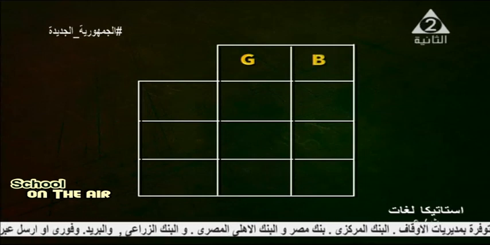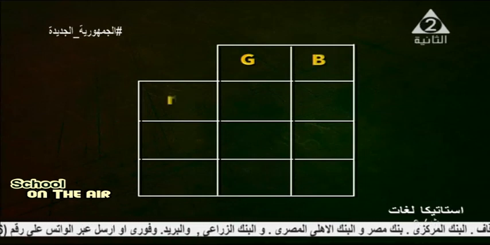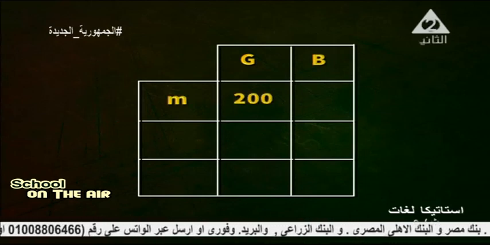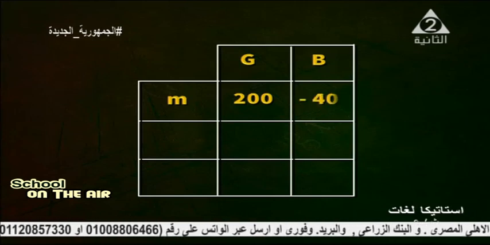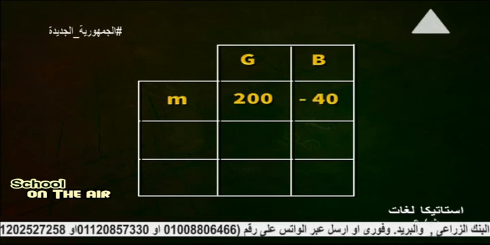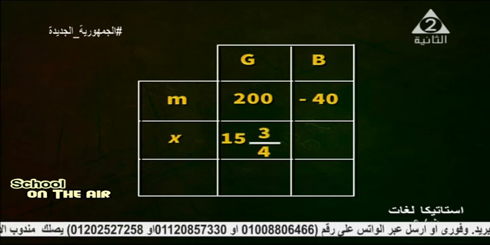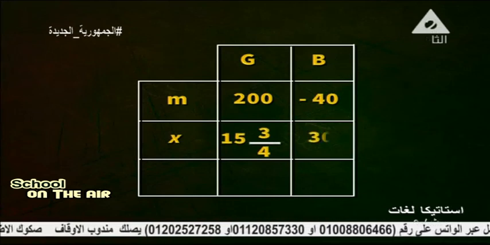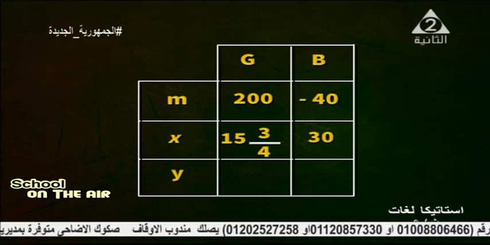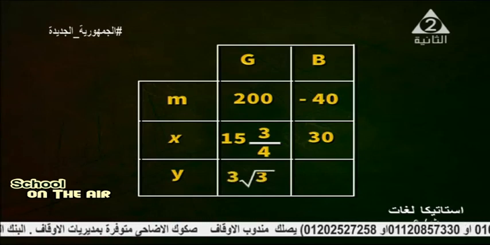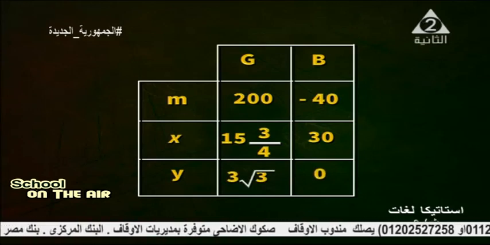Therefore, we form a table for G and B. Mass at G 200, but at B negative 40. X coordinate at G 15 3/4, at B 30. Y coordinate at G 3 root 3, but at B 0.